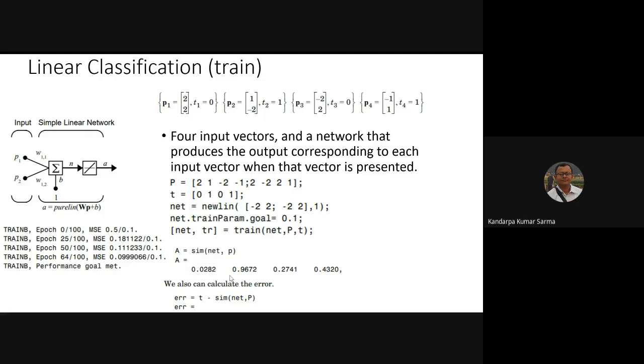This might not be very close to what we want. That means we need to train it more, so we need to make this goal further less. If we make this goal further less, this training will run for more cycles, and if it runs more cycles, this particular value will be closer to what we want.